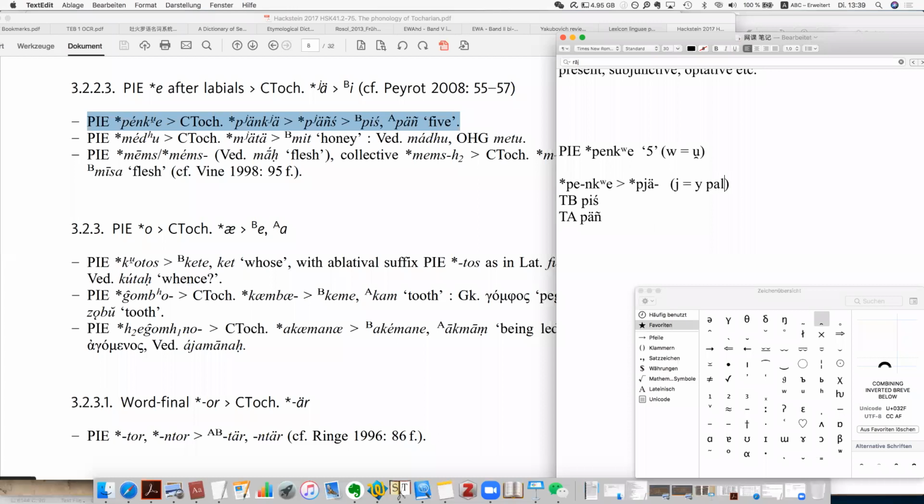I can't make it like this in this file, but you probably know what I mean. So this is kind of a palatal sound. This palatalized sound turns into a p sound in B, and a p sound in Tocharian A.